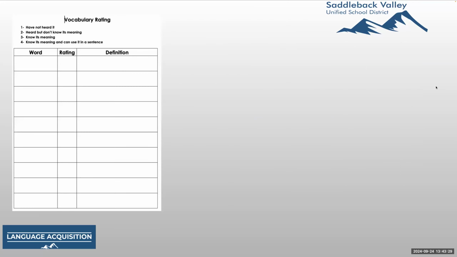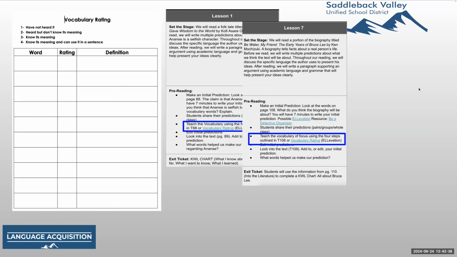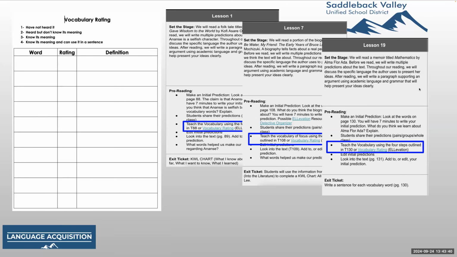Vocabulary rating is highlighted in multiple places of Unit 2 of the Expanding course. You will see it in lessons 1, 7, and 19 of the unit. As you know, vocabulary is essential to language proficiency, enabling effective communication and comprehension.